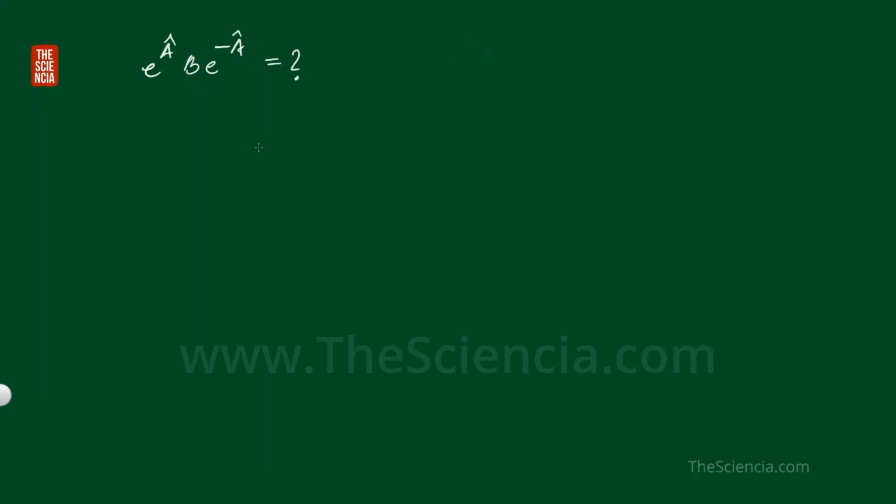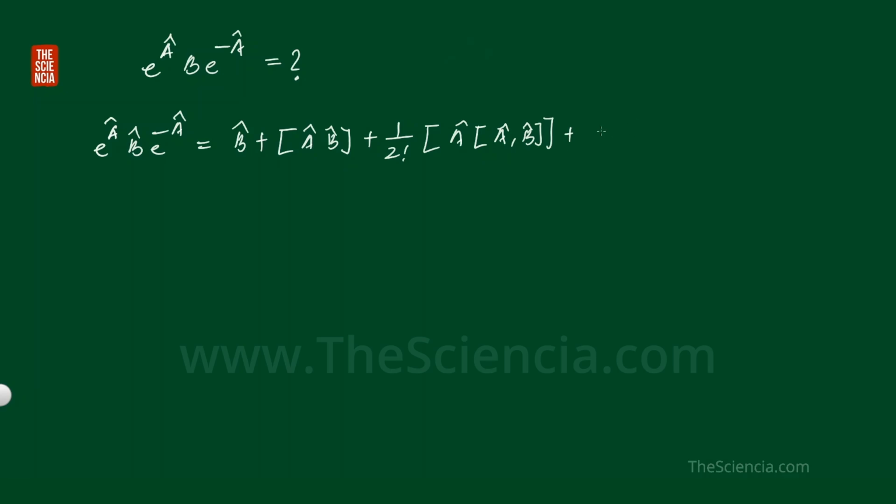Initially, I tell you the value of this one, that is e raised to a cap b cap e raised to minus a cap is equal to b cap plus a cap b cap plus 1 by 2 factorial a cap commutator ab plus 1 by 3 factorial into commutator a commutator ab plus etc etc etc. So this will be the value.